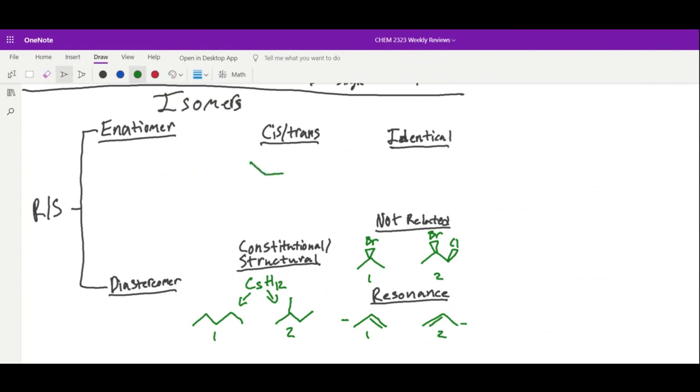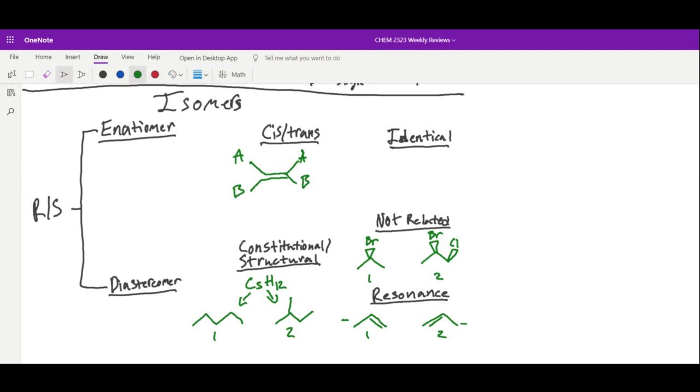So let's say we have a double bond like that. On both sides of the double bond, A is going to be your heavier, bulkier compound, and B is going to be your smaller compound.